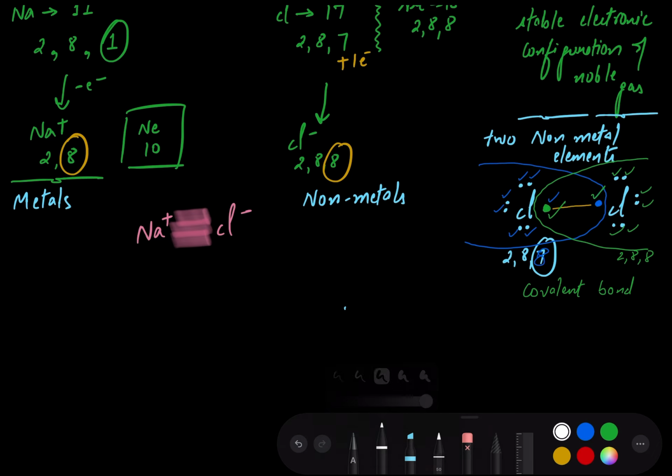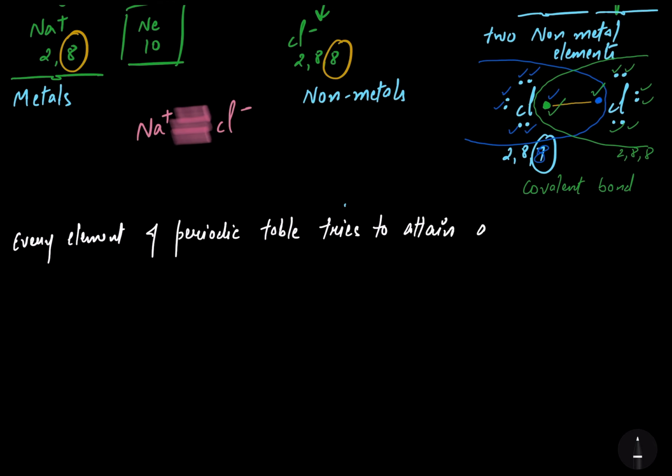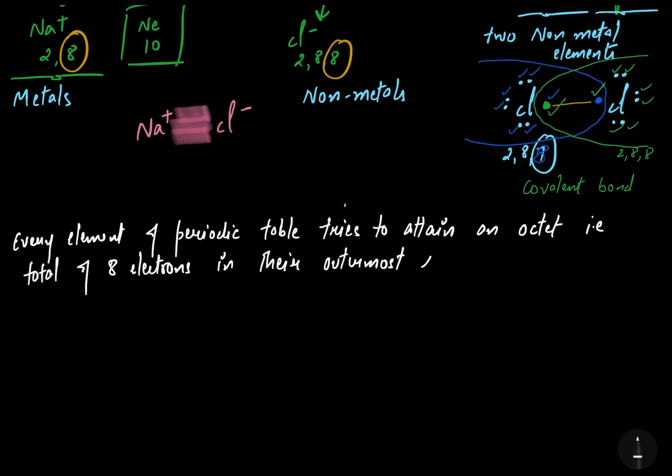I'm writing it again, that every element of the periodic table tries to attain an octet, that is a total of 8 electrons in their outermost shell.